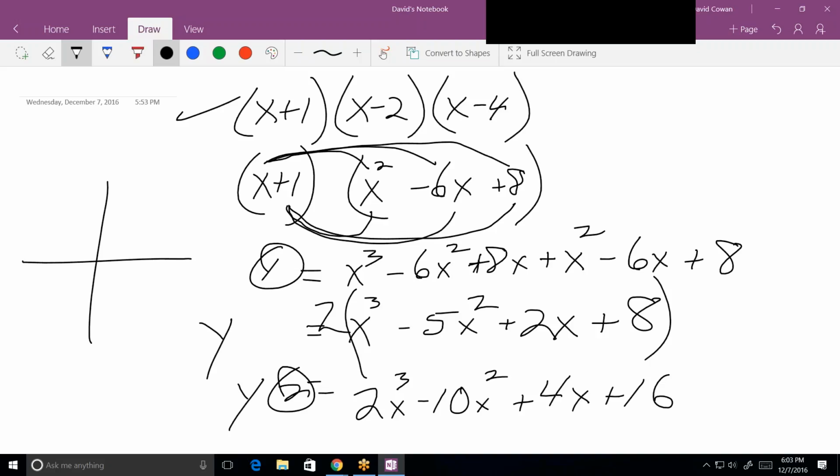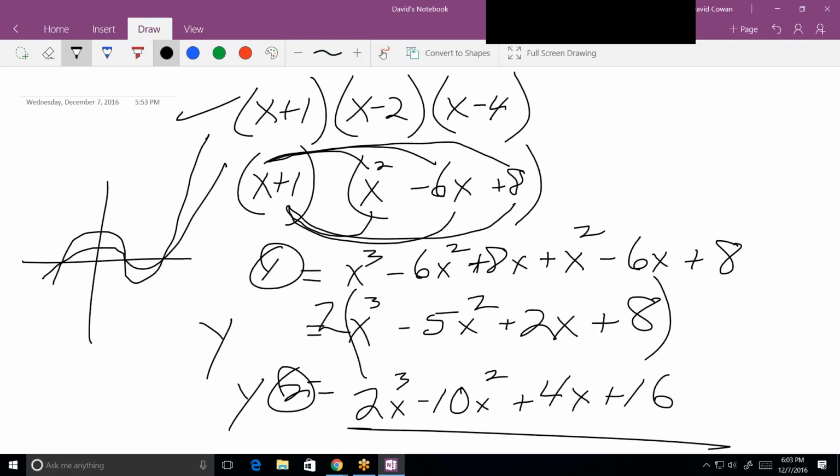Maybe the top function would look like this, and this lower one down here would be a vertical stretch of this one, but it's going to go through the same zeros. It just might look like this instead. So once you come to the basic polynomial, changing its lead coefficient or its y-intercept, you just have to multiply the whole thing by a constant number usually.